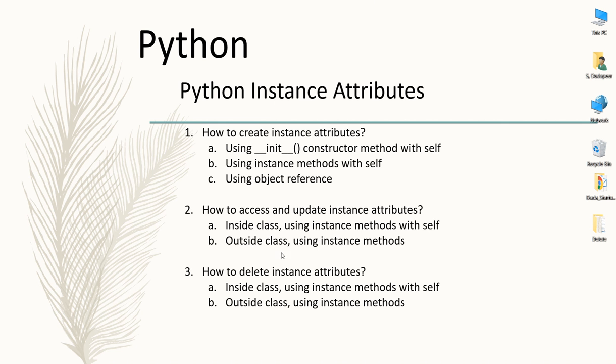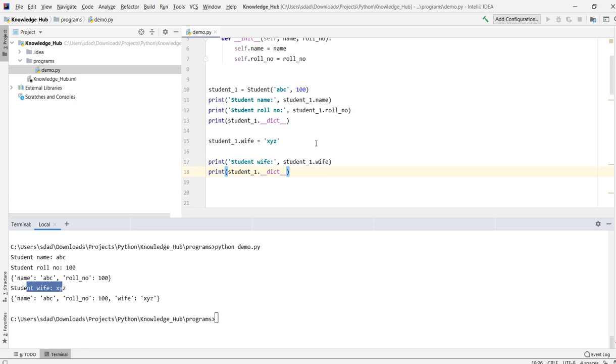An instance attribute can be accessed inside the method by using the self variable, and outside with the help of instance references. So let's go and learn how we can create and access the variables.